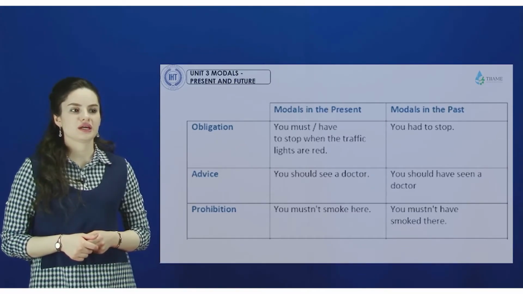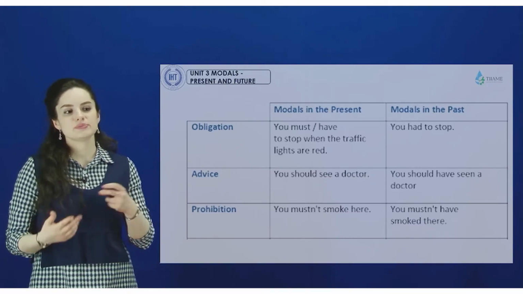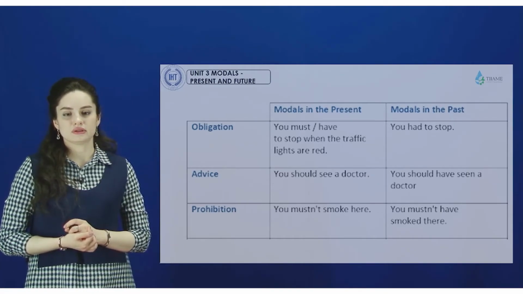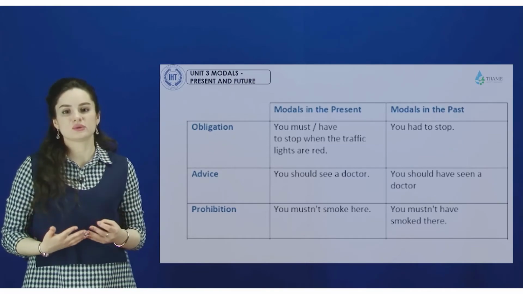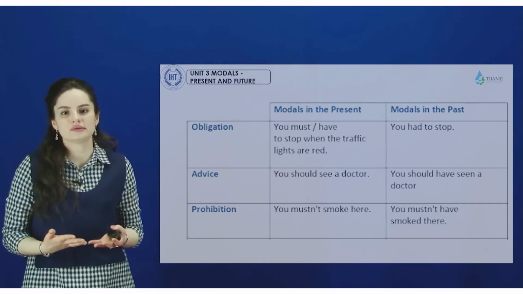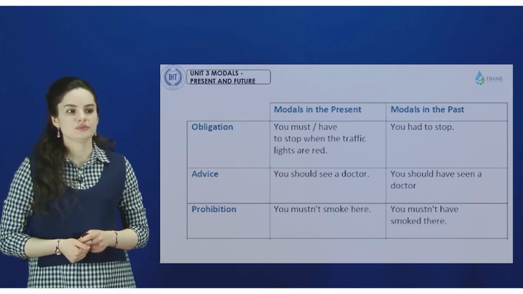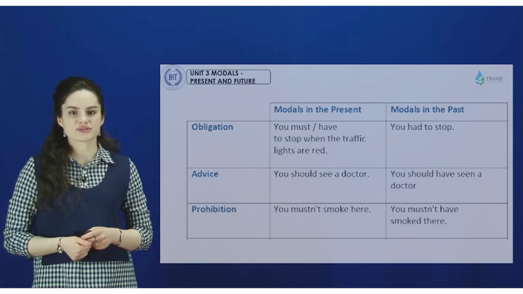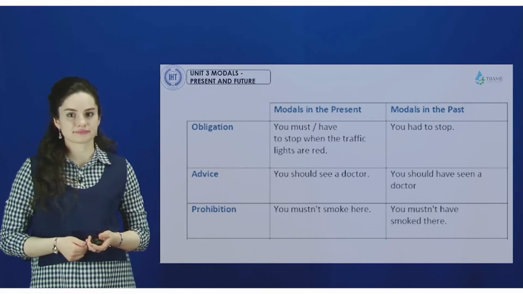So, you should have seen a doctor is a past recommendation. We only added some words, and that is the only change. And you mustn't have smoked there is an example of the past form of prohibition.